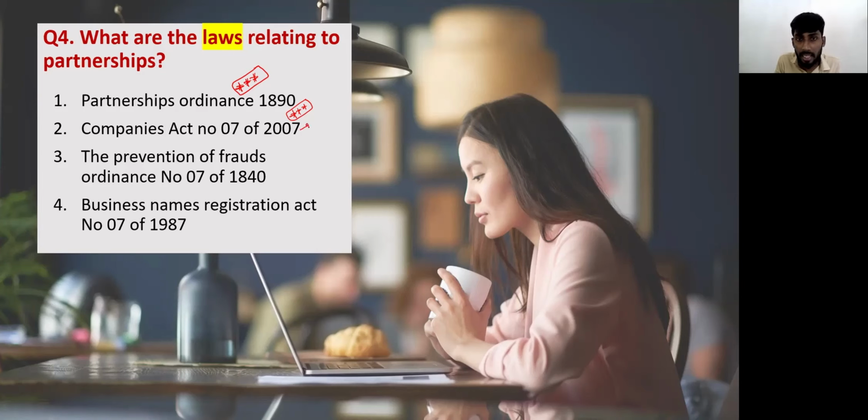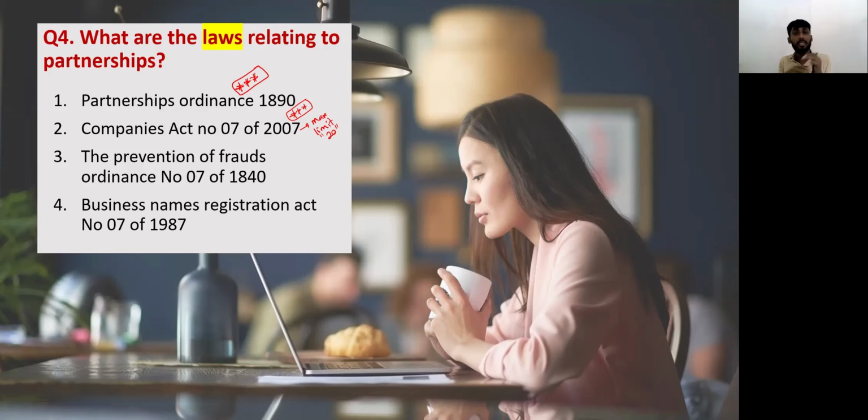So this sets the maximum limit as 20. But my dear students, keep a note that this maximum limit is not applicable to a partnership in a profession. That means if the partnership is for chartered accountants, lawyers, or engineers, then this maximum limit of 20 is not applicable. That is an exception.